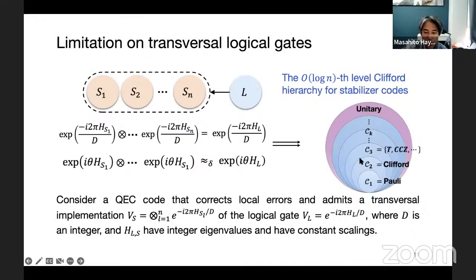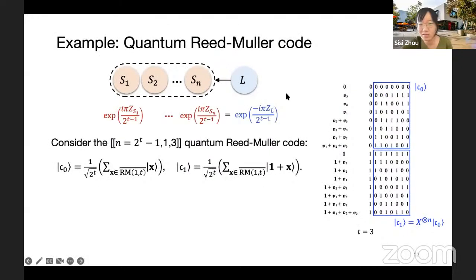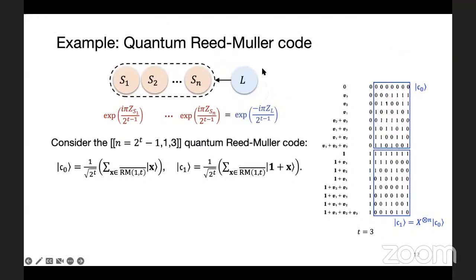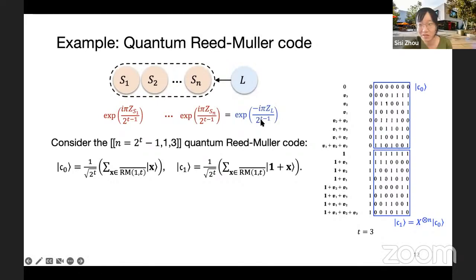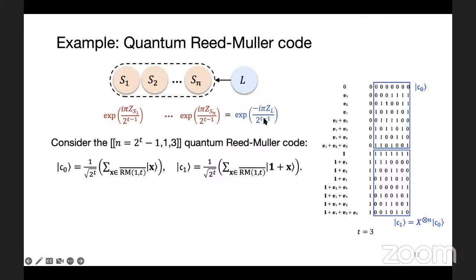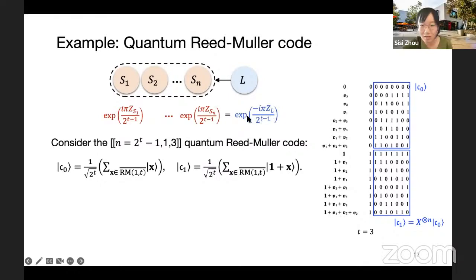Okay. Yeah, so basically one example is this quantum Reed-Muller code. And you can see that basically you are in the first level of the Clifford hierarchy, if you can implement it. Okay, yeah.